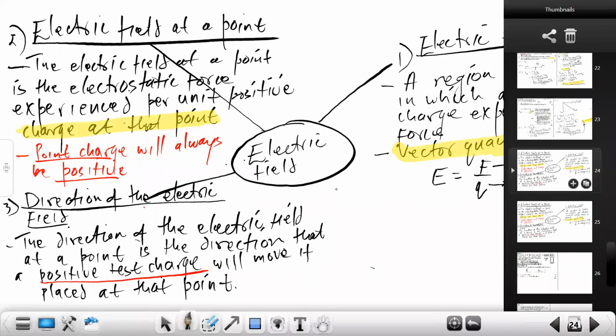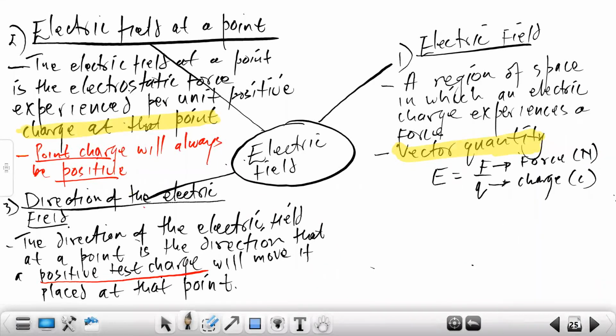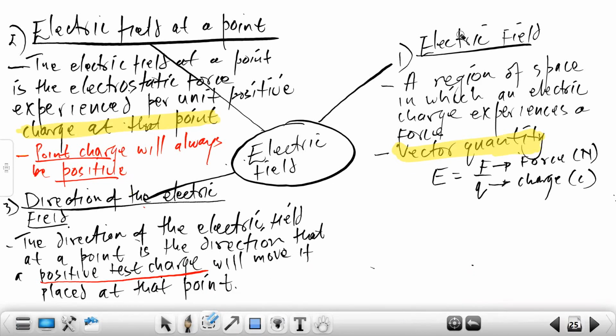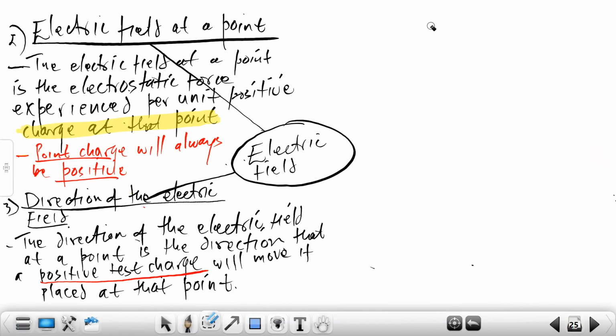It's just a concept that allows us to understand the link between electric field and Coulomb's law. So let me remove this, and I'm also going to remove this.